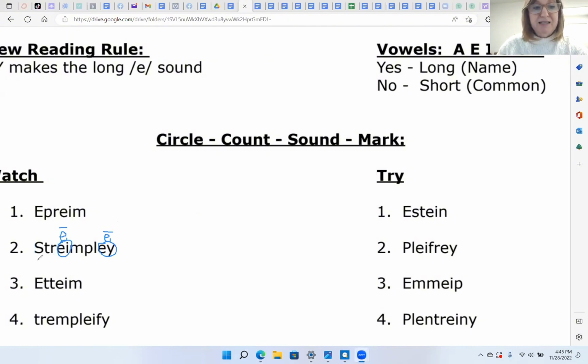So when you pencil read it, it's E, P, O, E. Streamply. Streamply. Okay, you try yours over here. Circle your vowel teams.